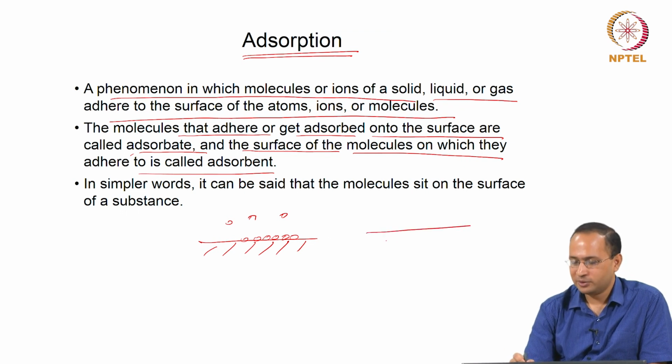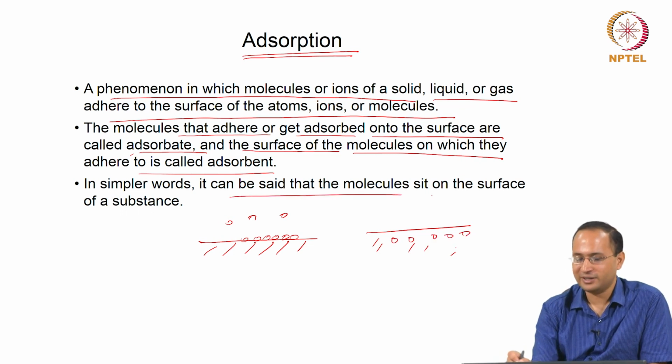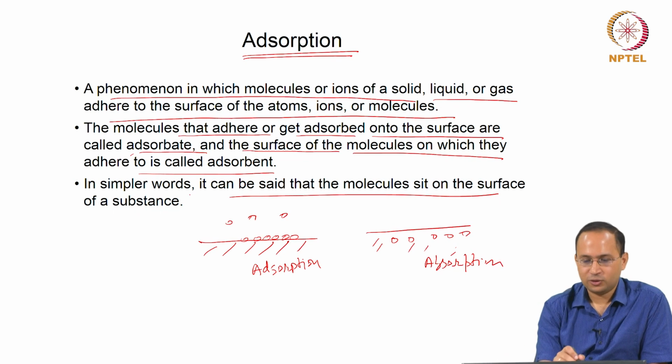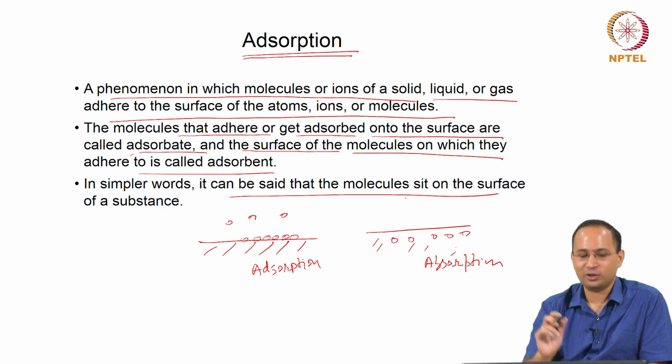What will happen in absorption? It will get absorbed also, right. See the difference. This is adsorption and this is absorption. In simpler words, in adsorption the molecules just sit on the surface of a substance, and we are talking about very weak bonds, not strong chemical bonds as in the case of absorption.